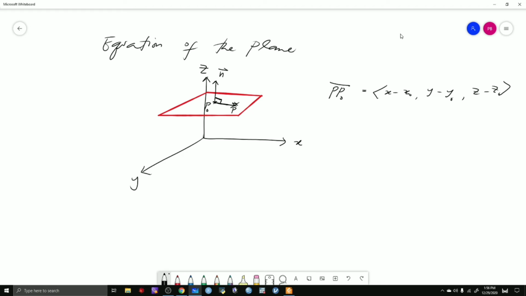And then for the normal vector n, we have arbitrary constants (a, b, c). Now, in the figure, it has a 90-degree angle on it.